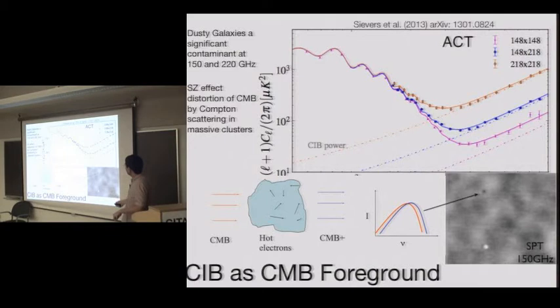But the SZ effect, I say I'm going to skip it and then I'm going to skip it. The SZ effect is the CMB going through these halos that have lots of hot gas in them, and then the CMB gets shifted, and it appears as a dark spot in the CMB, as opposed to a very bright radio galaxy or whatever, that would appear as a bright spot in the CMB.